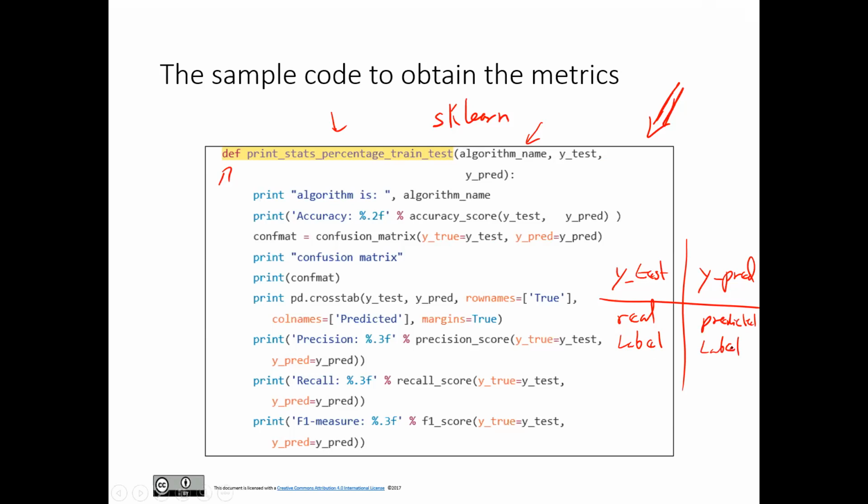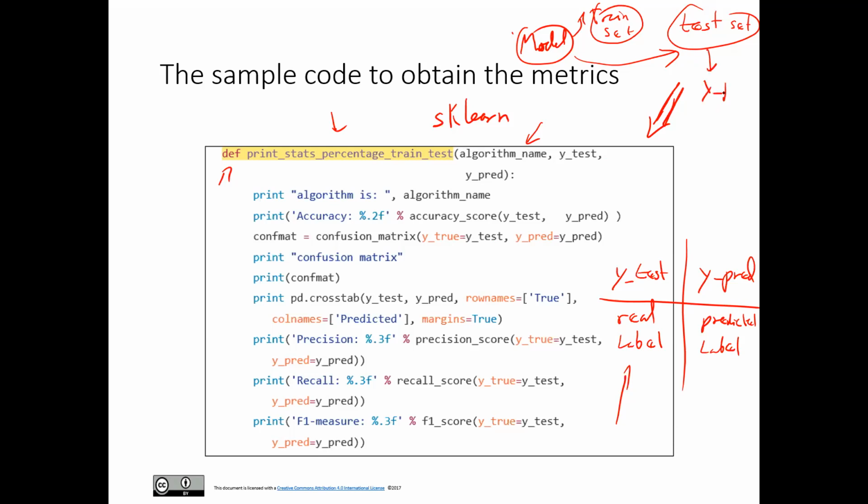This happens in the context of the model: you train on the train set, and then you apply the model to the test set. What you know about the test set is that you have samples in there with their labels. But the model will disregard the labels, just take the features and predict the label. That's what is called Y pred.